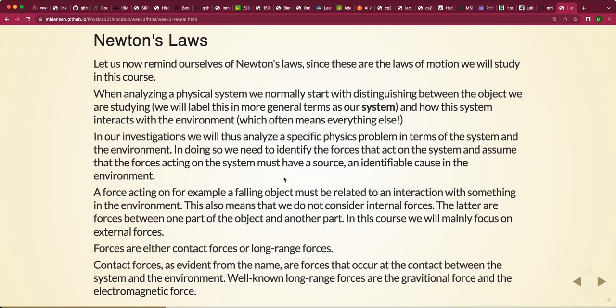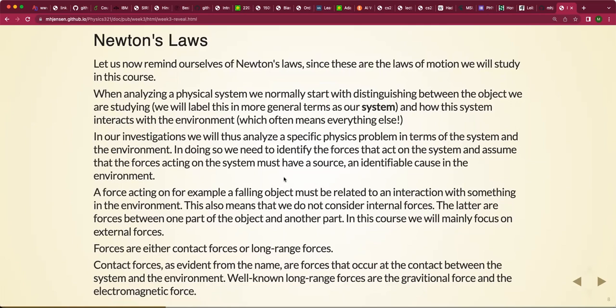So we're also going, as I said, to look at point particles. And we typically distinguish between the object we are studying and how this system interacts with the environment. And we can distinguish between isolated systems. So when you're thinking of the solar system, you could actually think of that as an isolated system of the different planets. And then you have the forces between the planets, and that is your system. On the other hand, you can have an object which is sliding on a plane. So the object could be a block which is sliding on the plane, and the environment would then be defined by the plane, which is in contact with your object.